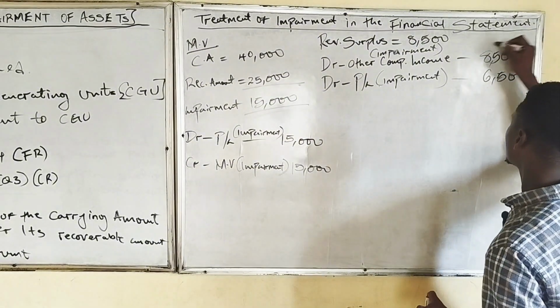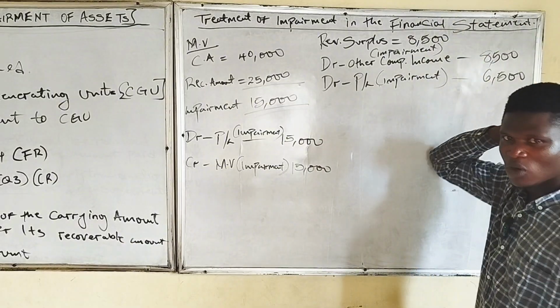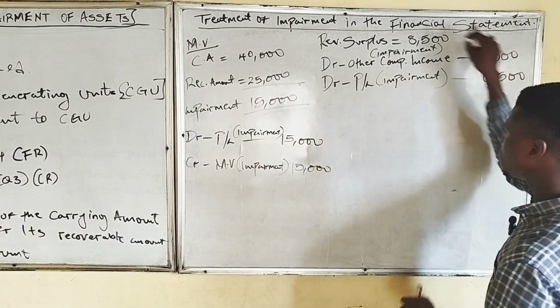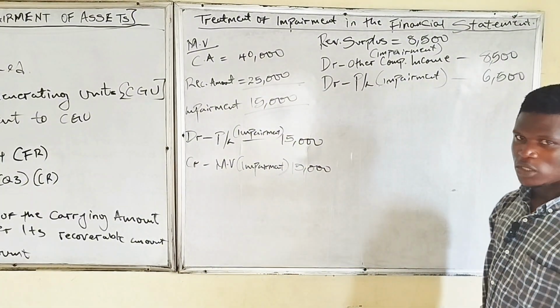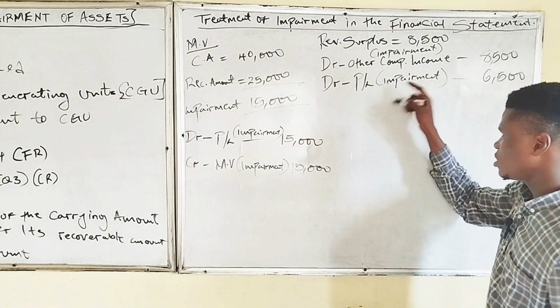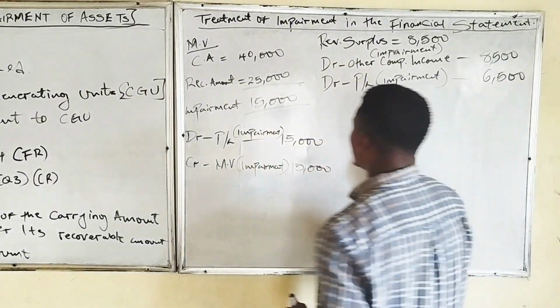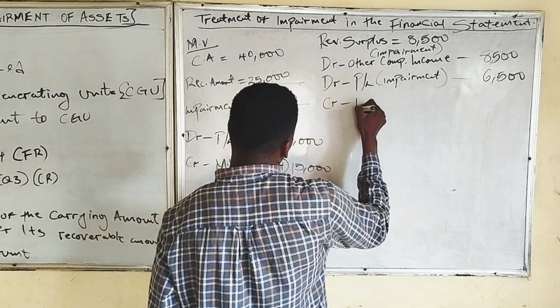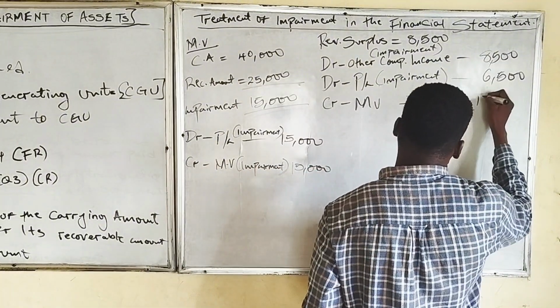So this 8,500 will cancel the previous revaluation surplus of 8,500. So that becomes zero. We will not have revaluation surplus on this asset in this current year. But we'll have impairment now as a line item of 6,500. Then the whole amount will be credited to the motor vehicle itself, which is 15,000.